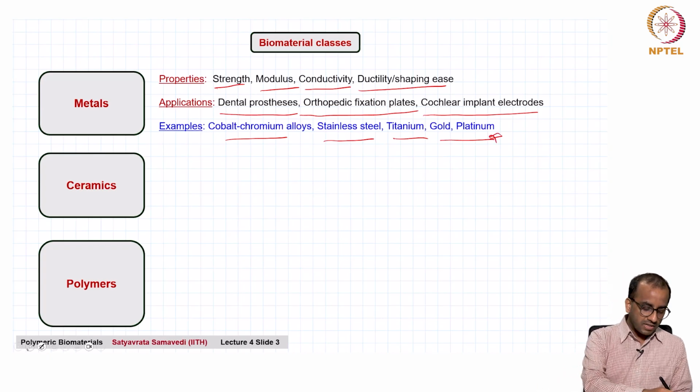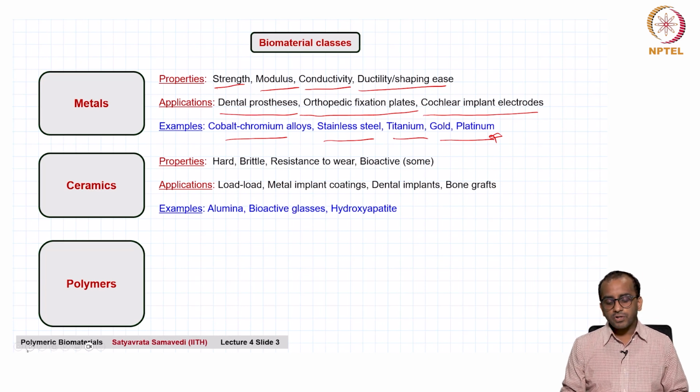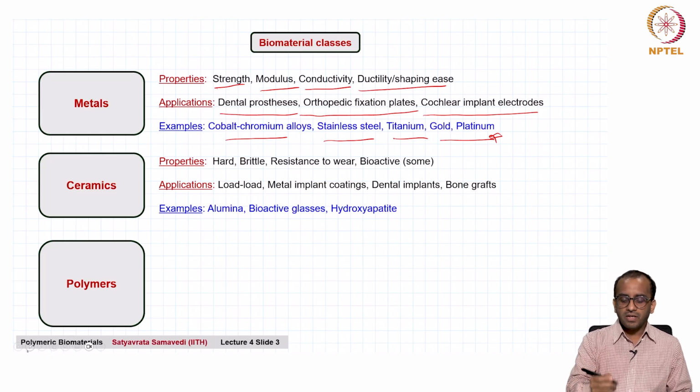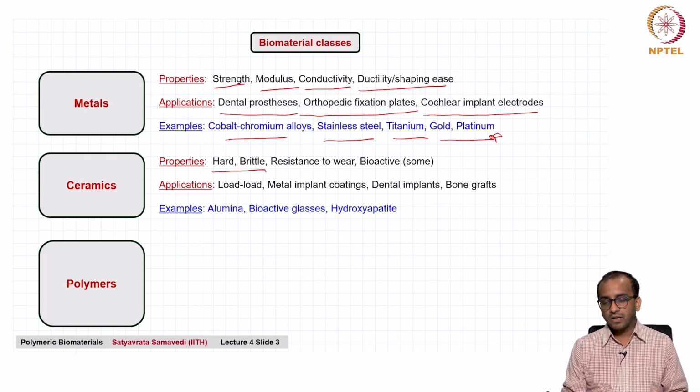You can also have ceramics, which are associated with properties such as resistance to wear, and they can also be hard and brittle. Ceramic is a broad term for a lot of different types of materials, and some of them can be bioactive. We have seen this word bioactive in the previous lecture, and we have seen what it means, for example, for a bioglass, which is a ceramic, to be called bioactive.